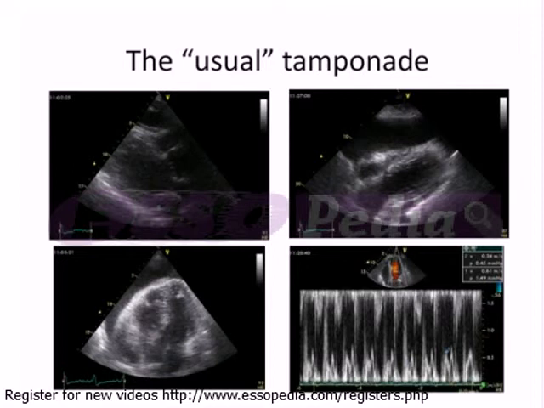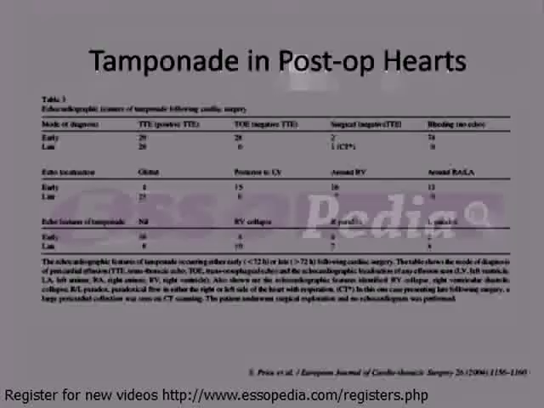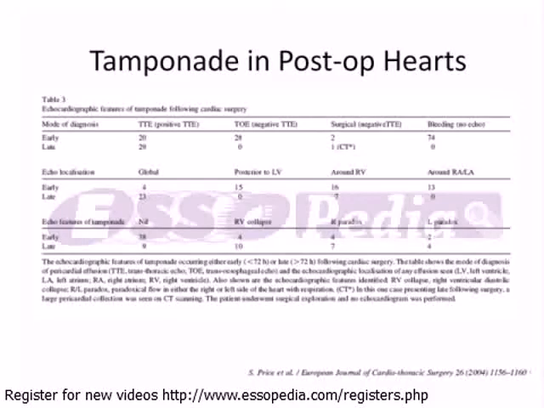Tamponade in postoperative hearts, therefore, is a completely different animal compared to the traditional tamponade. Firstly, it has to be divided into early versus late tamponade, and using that comparison, we see some important differences. Early tamponade is much more commonly diagnosed by transesophageal echo with a negative transthoracic echo than in late tamponade.